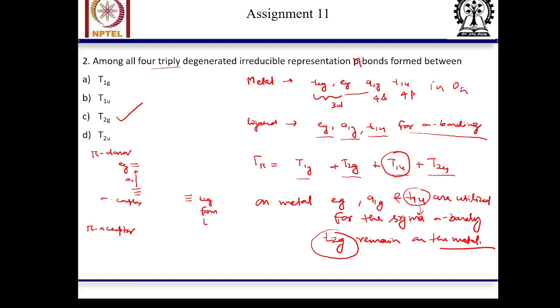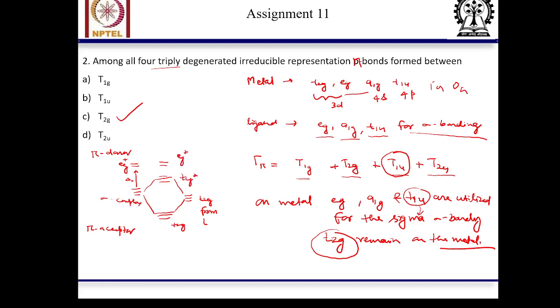Now what will happen? Again bonding and antibonding orbitals will form, right? And here you have your Eg star. So this is your T2g, this is T2g star, and this is Eg star.